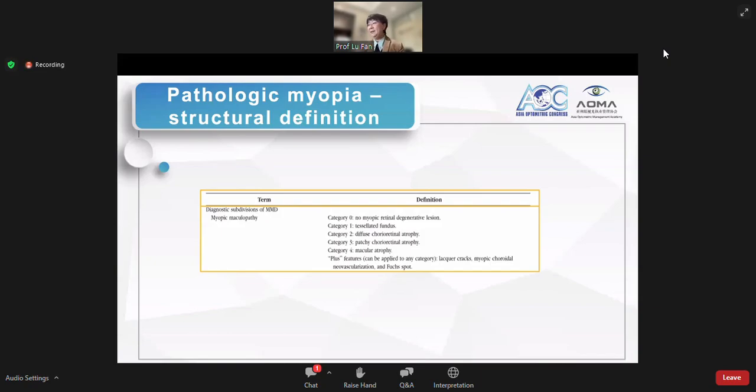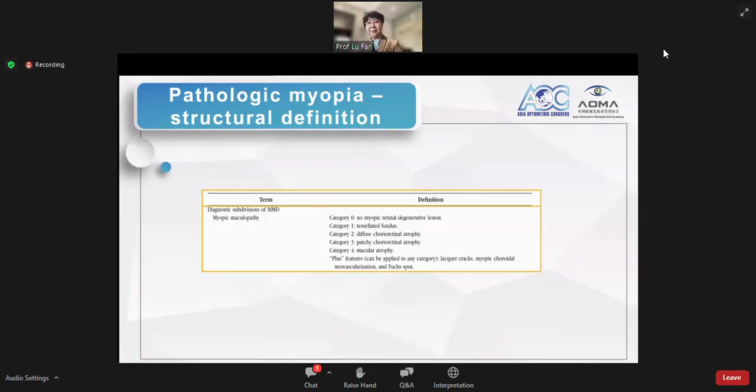One more thing: see the final line, the plus. Put any other typical damage features as a plus. So don't forget them. I will give you some examples about the plus.